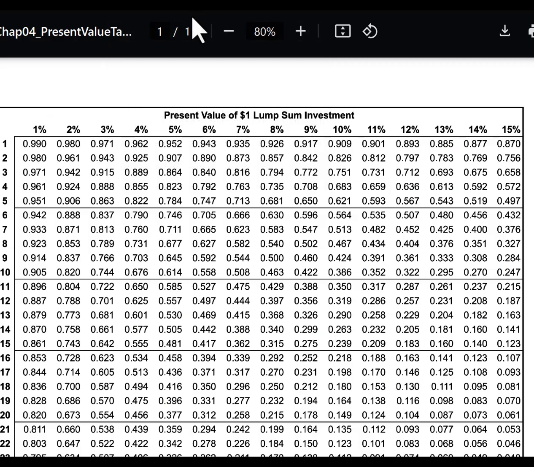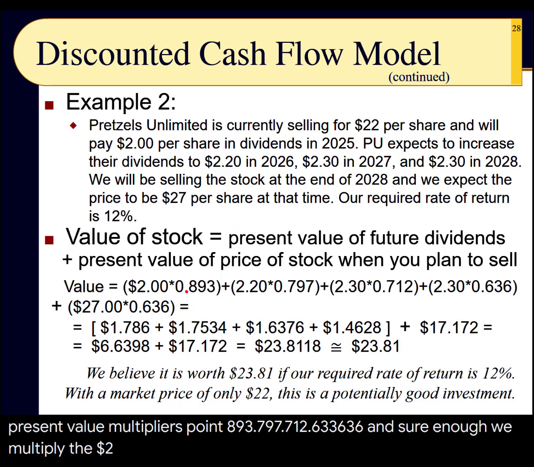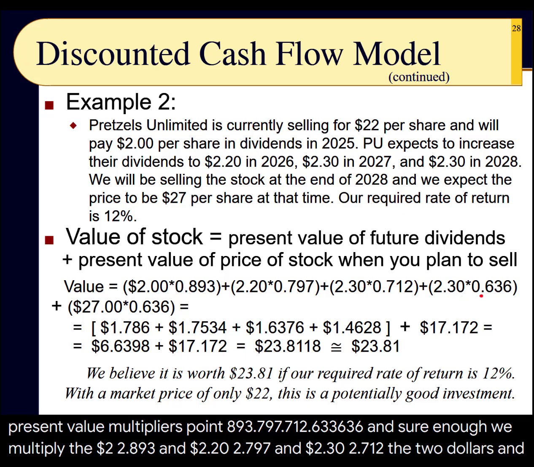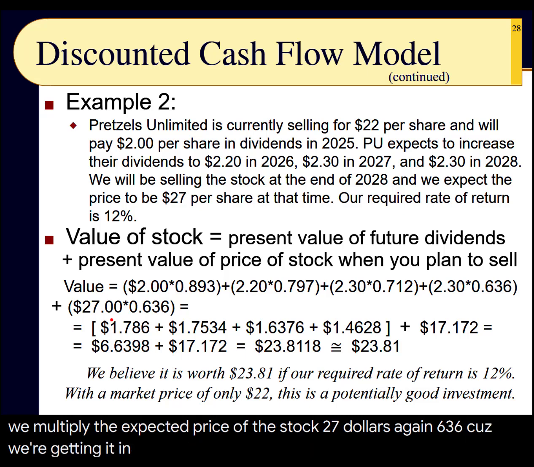So let's run over to the present value table for 12%, and here are those present value multipliers: 0.893, 0.797, 0.712, 0.636, and sure enough, we multiply the $2 times the 0.893, the $2.20 times the 0.797, the $2.30 times the 0.712, the $2.30 times 0.636, and notice we multiply the expected price of the stock, $27, again by 0.636, because we're getting it in the 4th year.